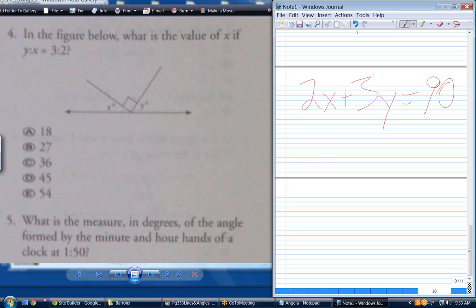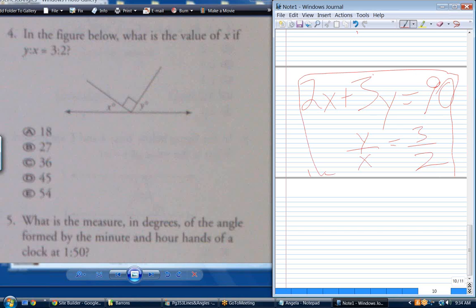Now, there is the algebraic way of solving this. Once I get 2x plus 3y equals 90, I also know that y over x is equal to 3 over 2. So there's my second equation, and now I can solve for x and y based on 2 equations and 2 unknowns.